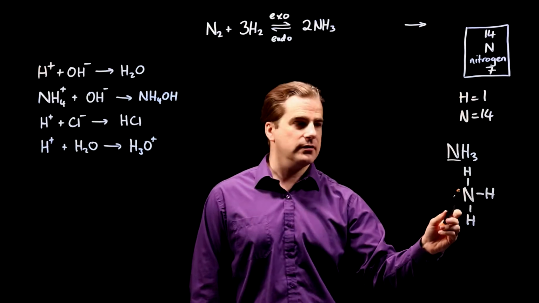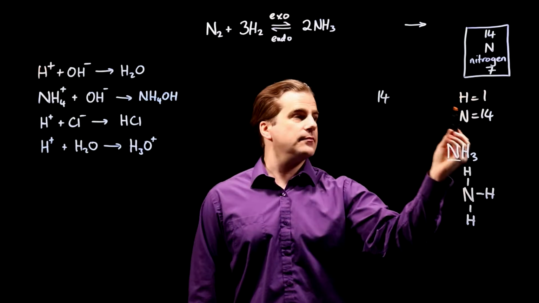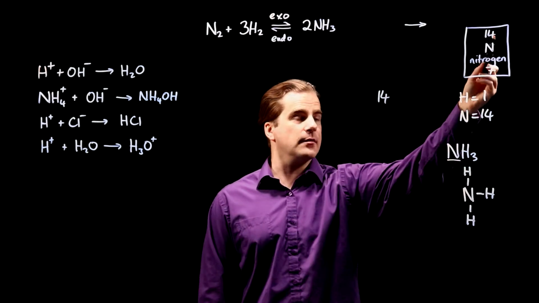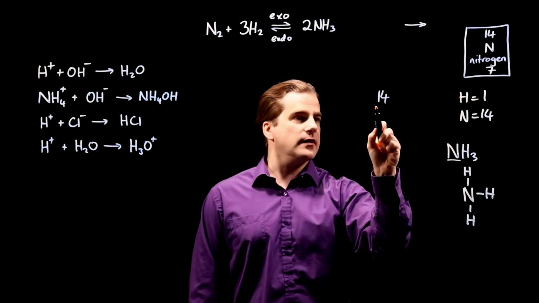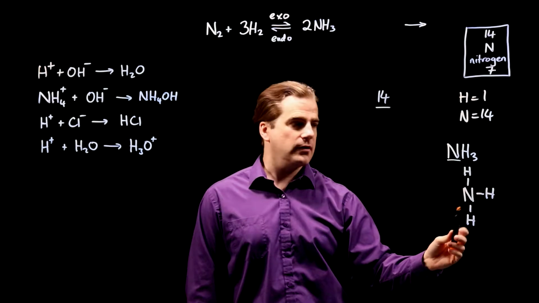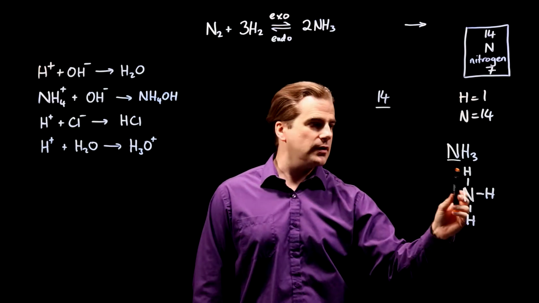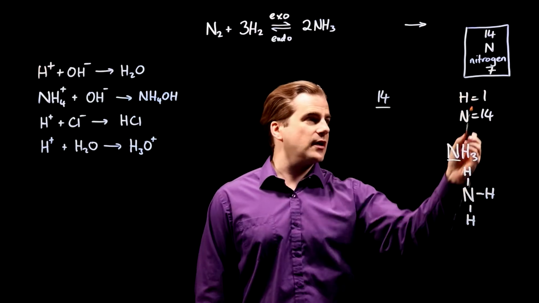So, to work out the percentage by mass of nitrogen, you take the relative atomic mass of nitrogen, which is 14, okay, the big number at the top, and you divide by the relative atomic mass of the whole thing. The whole molecule is 14 plus 1 plus 1 plus 1, because hydrogen is 1.